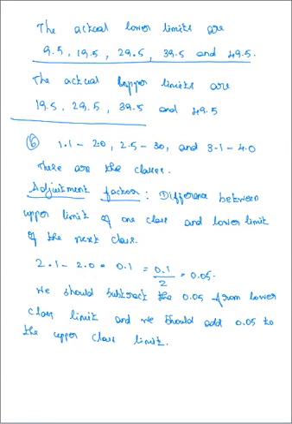So the actual lower class limits are 1.05, 2.05 and 3.05.